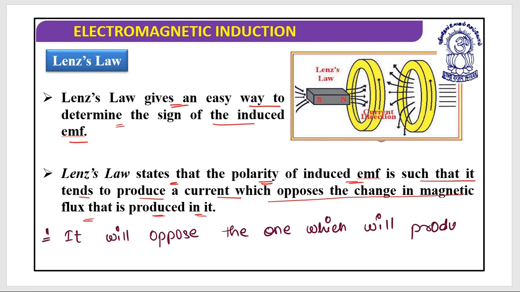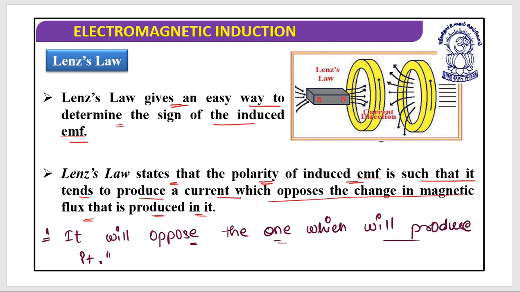Very good statement. It says that the induced current will oppose the one which will produce it. Always remember this. Lenz's law says that the induced current will flow in such a way that it will oppose the one which produces it. I hope this is clear.